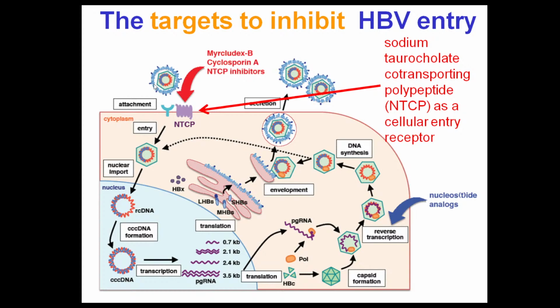viral hepatitis B replication. If we take a look at the possible targets that can be used in treatment of hepatitis B infection, you can see here that possibly inhibitors can be used, such as Myrcludex B and cyclosporin A. These are the sodium taurocholate co-transporting polypeptide inhibitors.